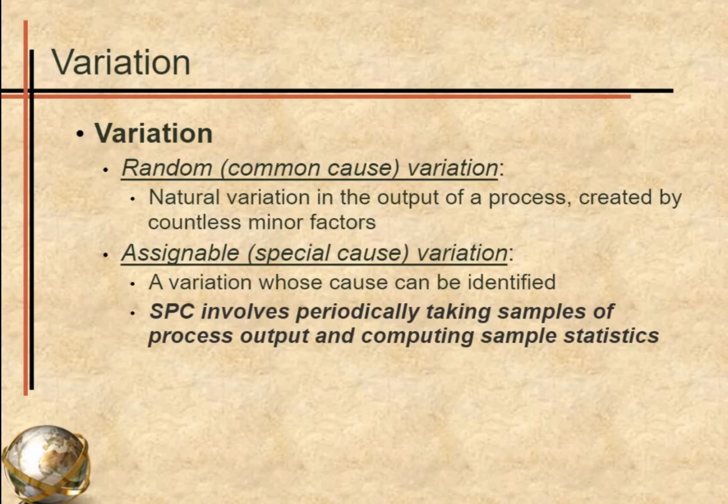Before we get started, let's try to clarify. There are two kinds of variations. Basically, first of all, variation is bad. We do not want our products to vary too far away from the specification. We want them to be consistent. So when we try to understand the variations, we categorize them into two different types.